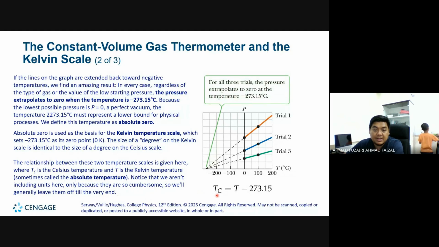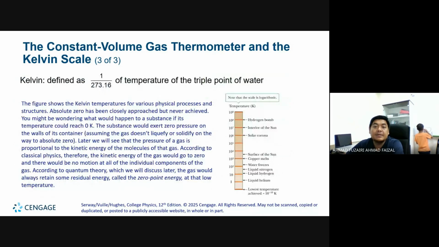Tc equals T, the temperature in Kelvin, minus 273.15. Kelvin is defined as 1 over 273.16 of the temperature of the triple point of water. So you don't have to know about this one.